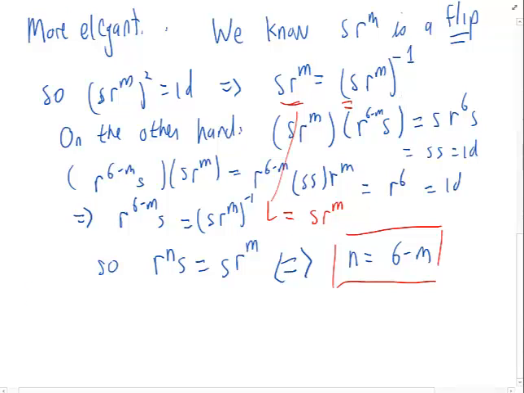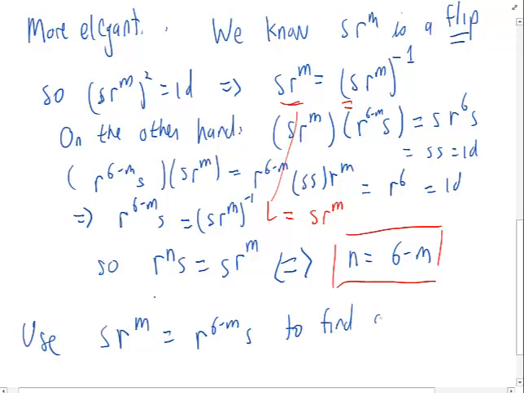So I'm going to use sr to the m equals r to the 6 minus m s, I think I did that backwards, to find all rotations that commute with s.